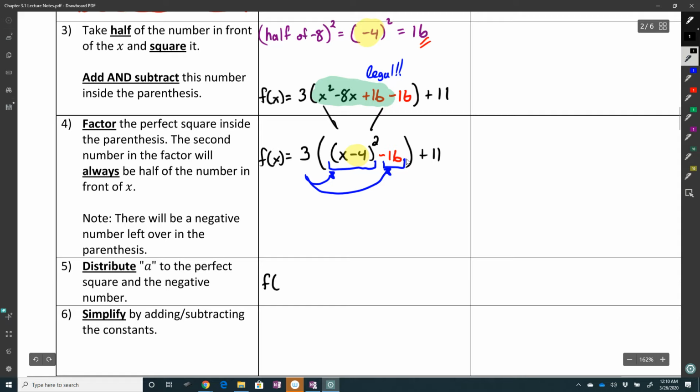And this gives us f of x equals 3, parentheses x minus 4 squared, minus 16 times 3 is 48, plus 11. And then all we got to do now is combine these two things. So if I get my calculator and I do negative 48 plus 11, I get negative 37.